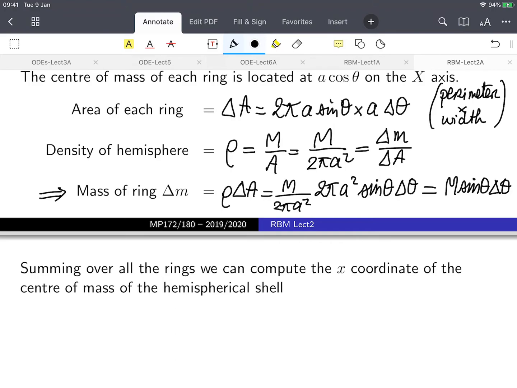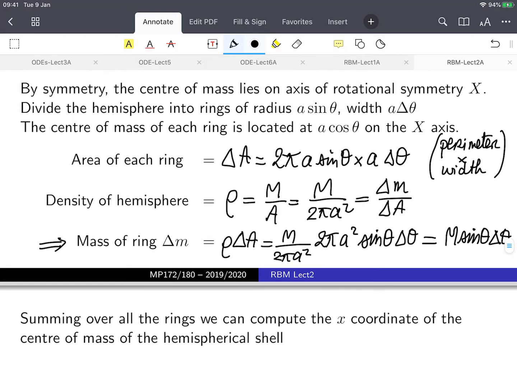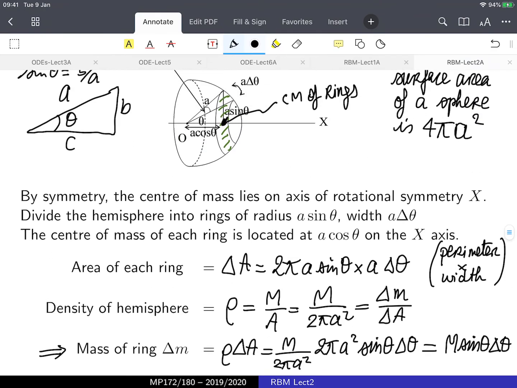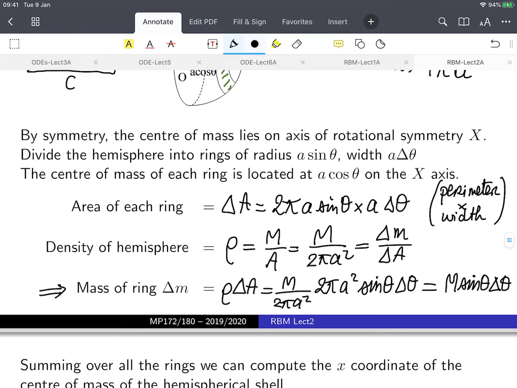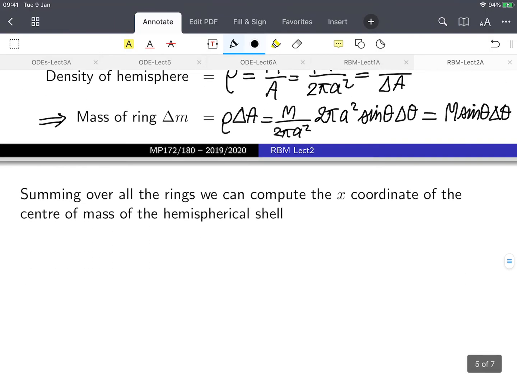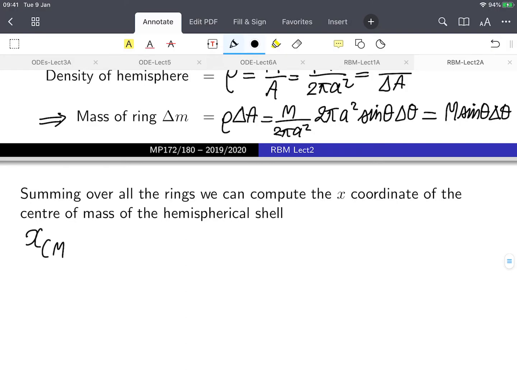Well, that's clever. So now I know the position of the center of mass of each ring. And I can just do the summation for each ring. I can do the formula for the center of mass. I know the center of mass is 1 over M, sum of the m times r, but in this case, it's not particles, it's rings. But I can still write the formula.